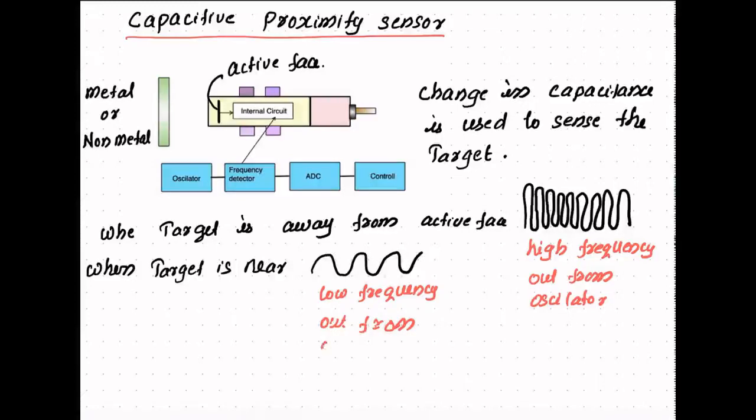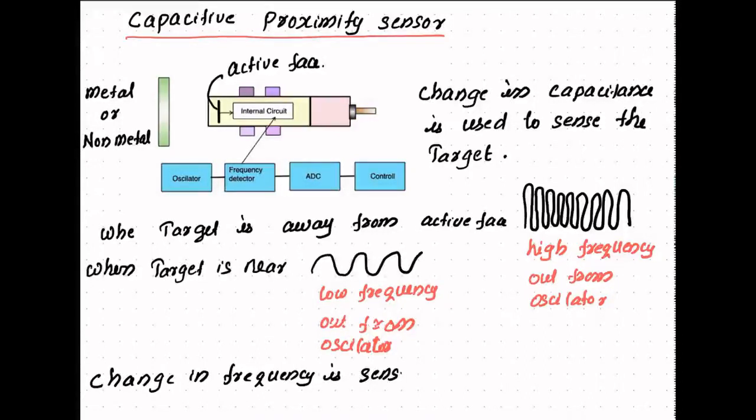The frequency detector continuously detects the frequency of the oscillator and passes it to the control circuit. The control circuit has a particular threshold frequency value.